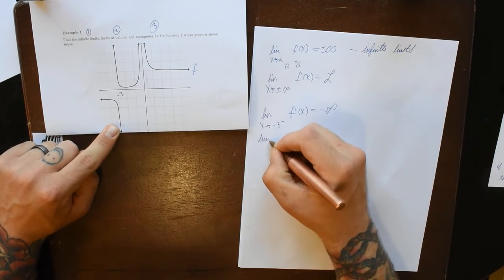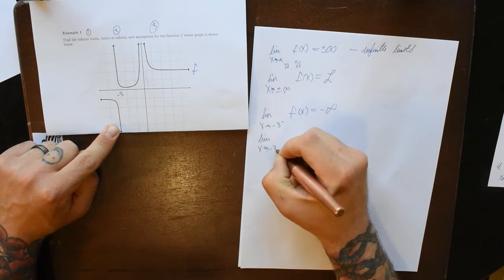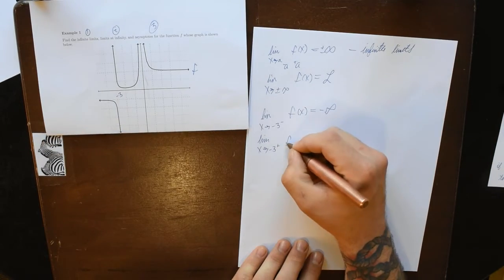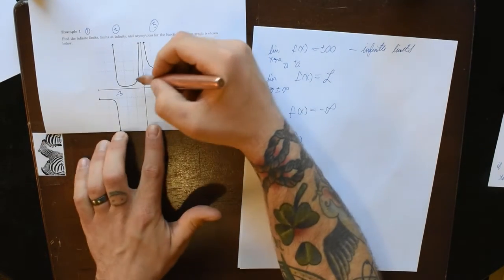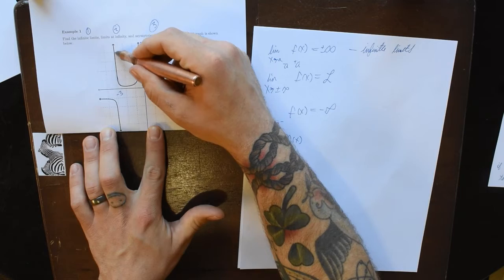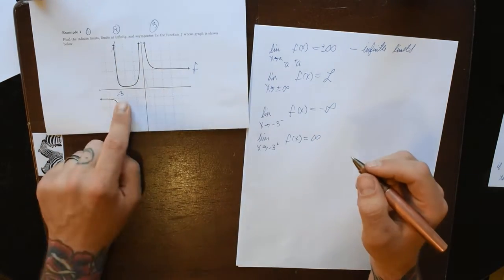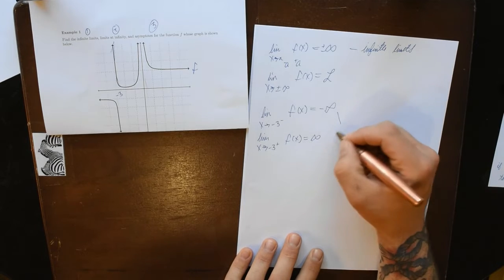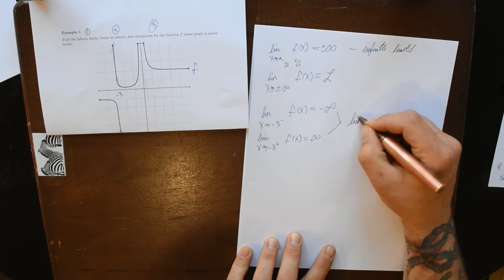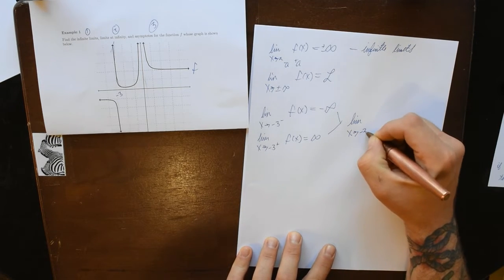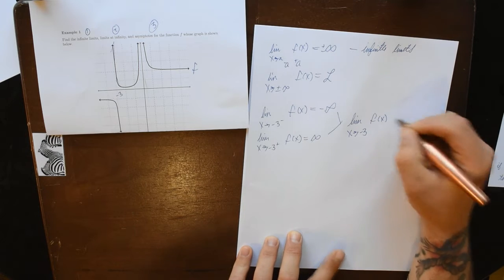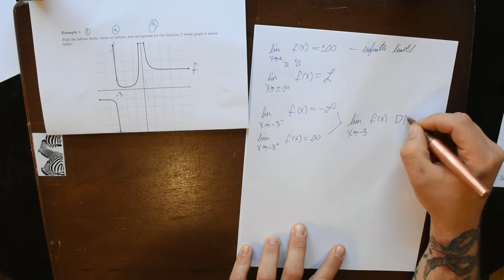But the limit as x approaches negative 3 from the right of this function, as we approach from the right, increases to positive infinity. However, when we combine these two, the limit as x just approaches negative 3 of f of x does not exist.